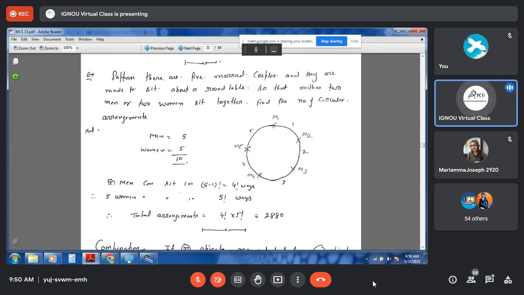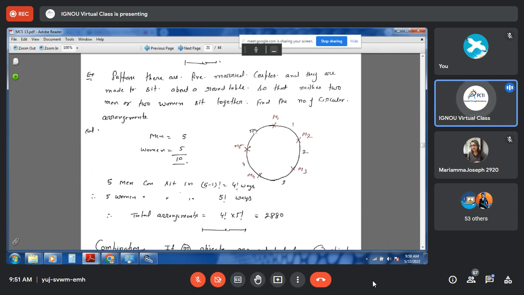So we have called the men to sit around a circle, say M1, M2, M3, M4, M5. The formula is (n minus 1) factorial for the men, because the circle is made by the men. As the men sit in a circle, leaving one place between each, these are the vacant places 1, 2, 3, 4, 5.